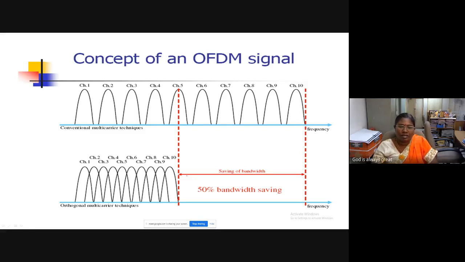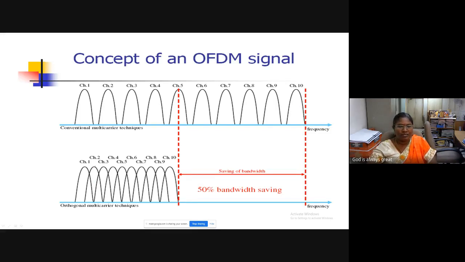The concept of orthogonality is that the channels are spaced in such a way that whenever the other channels go to zero, only one channel has its peak at that instant of frequency.